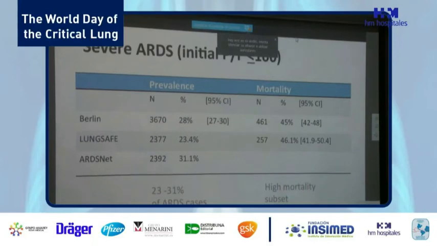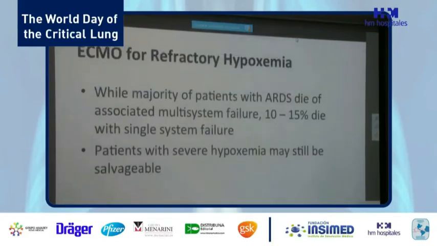And within this high mortality subset, as we continue with all the different critical care modalities that we have, ECMO should be considered to be an option. So when would we use ECMO? What are the indications? Because there are patients with refractory hypoxemia who still die of primary single system failure, and those patients that may be salvageable should be considered.